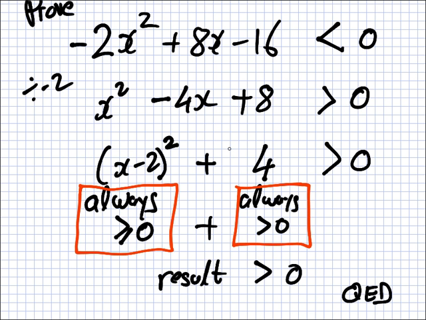So I have a thing which is more than or equal to 0, and I have a thing which is more than 0. And I add those two things together. The result has to be more than 0. So it all makes sense when you think about it.